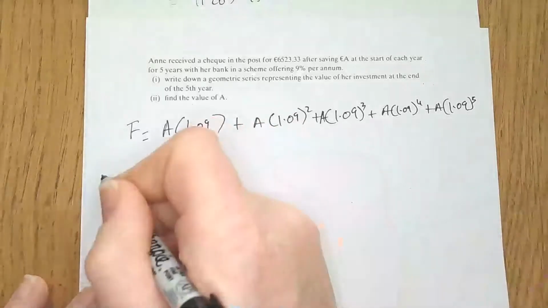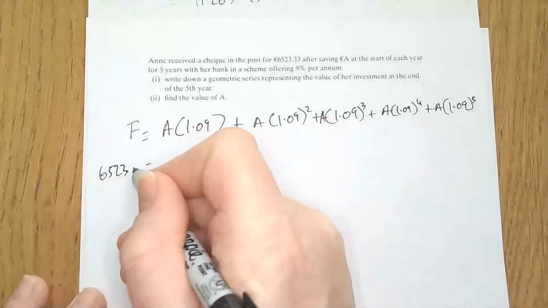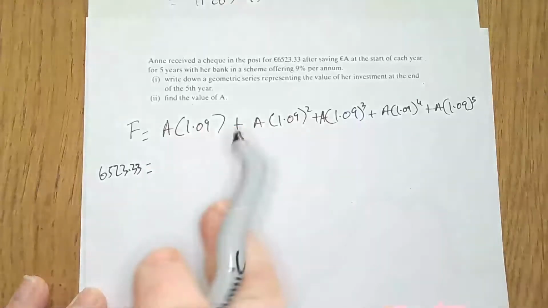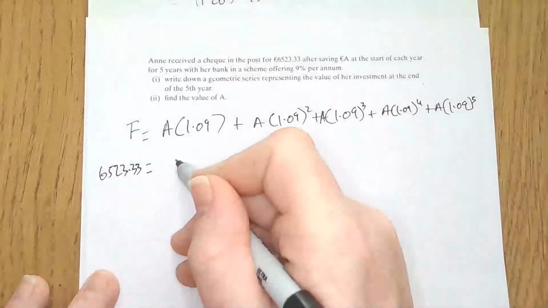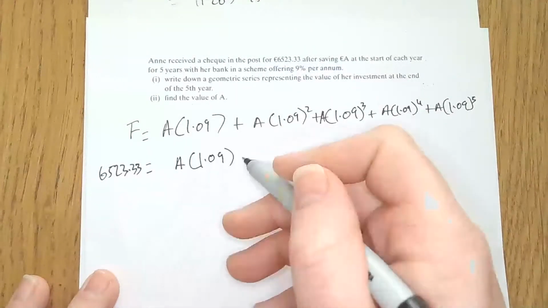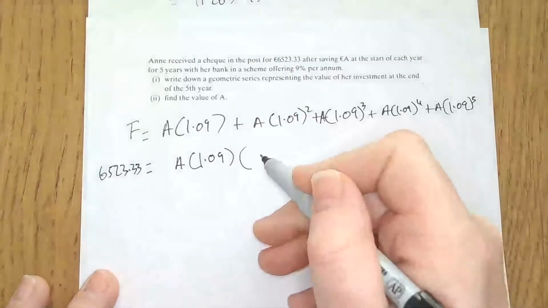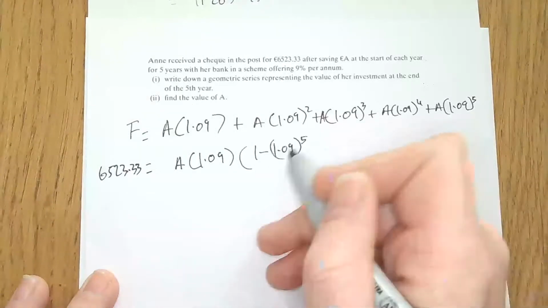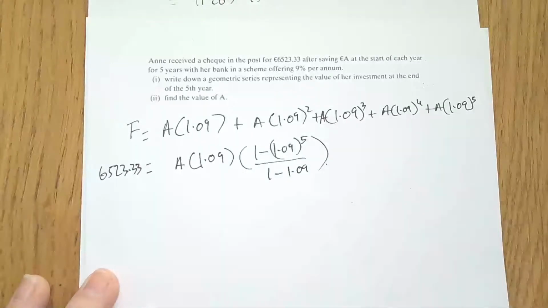We know the answer was 6523.33. We know that should be equal to A times 1 minus 1.09 to the power 5 over 1 minus 1.09. So that's our same formula as the one above.